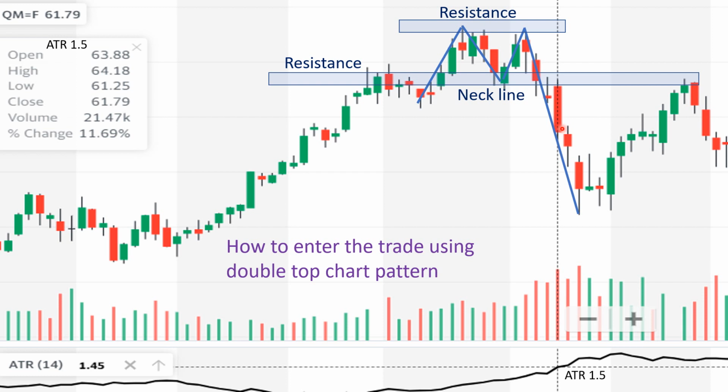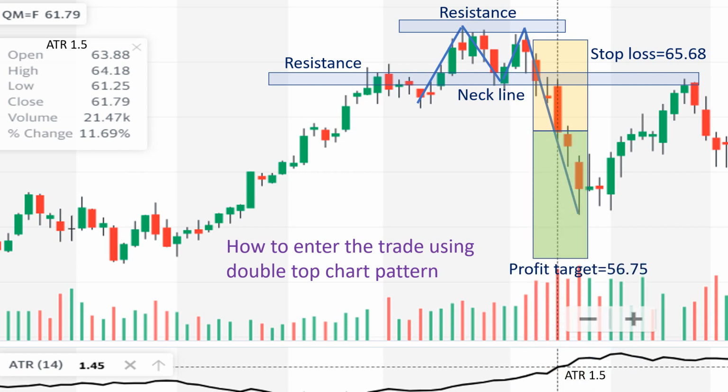So you can exit the trade and put your stop loss 1 ATR above the high of this candle as a stop loss. And also for the profit target, they use the same candle and put 3 ATR below the low. So that is going to be the profit target and stop loss.